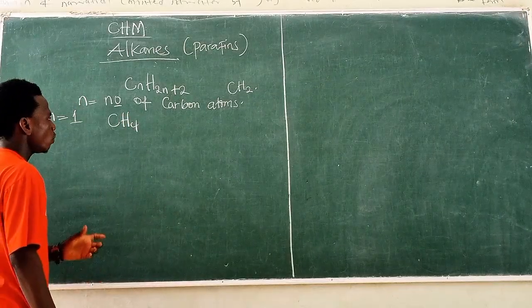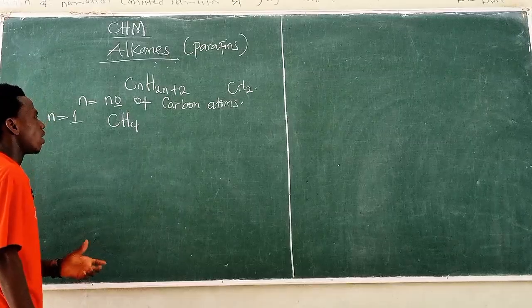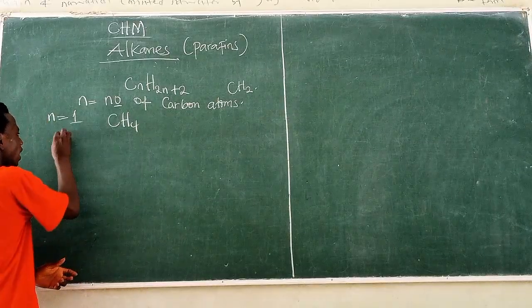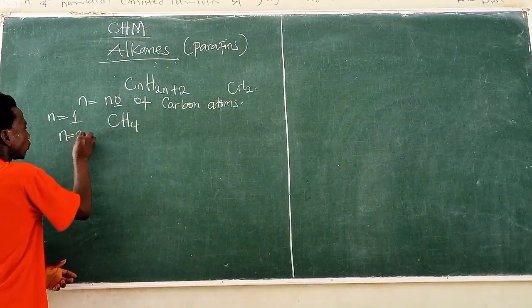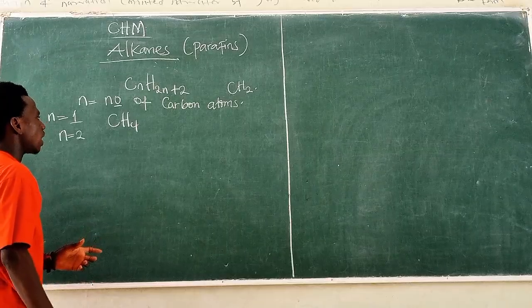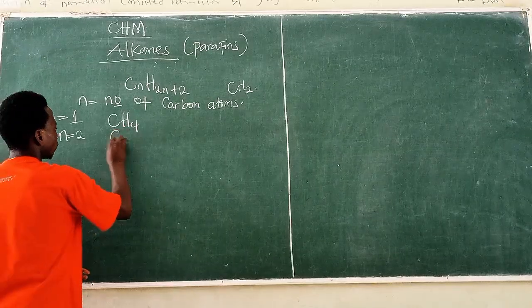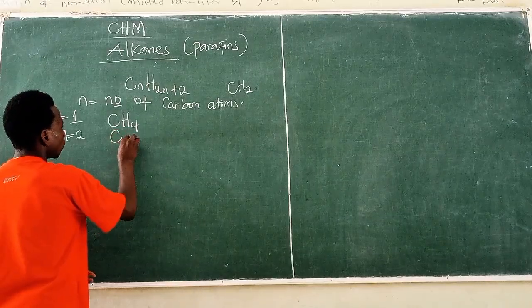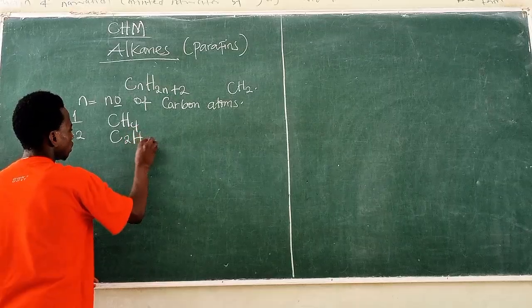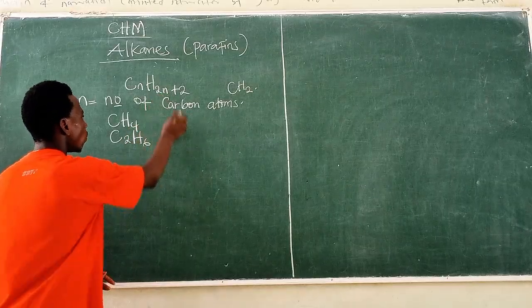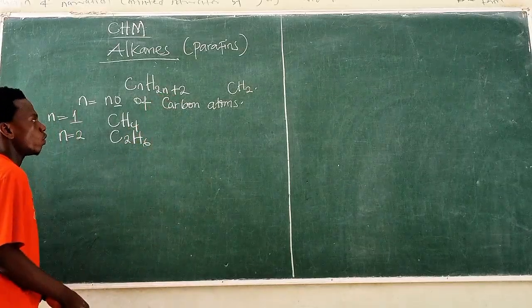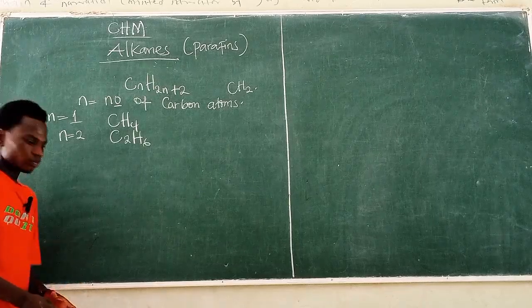For the second member, n is equal to 2. Inputting that in the formula, you have C2H6, because 2 times 2 is 4, plus 2 gives you 6.